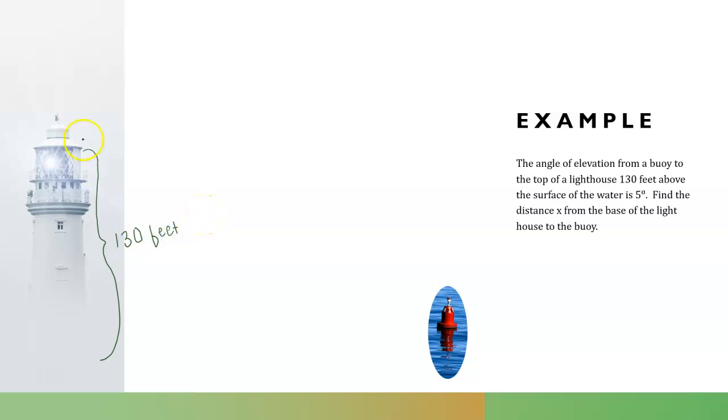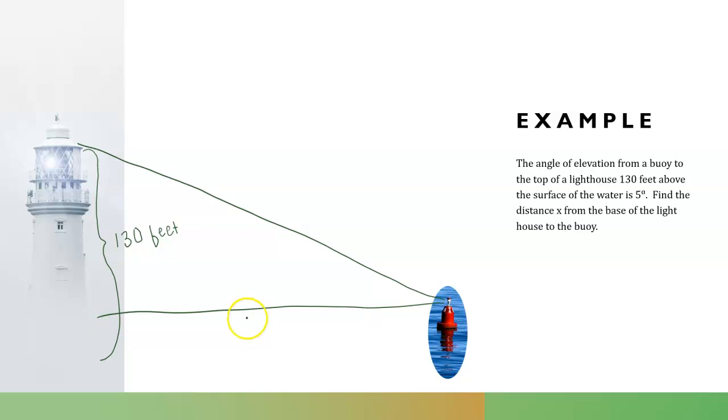If I draw the triangle, it's an angle of elevation, so the horizontal is going to go along the bottom of the triangle. And the angle of elevation is 5 degrees. So I want to figure out the distance from the buoy to the base of the lighthouse.